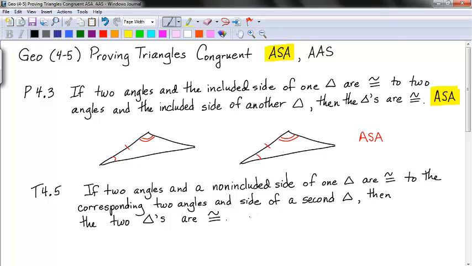Okay, and that is angle, angle, side. Since it's not in between, that's the non-included part. That side is not in between, so it's not included.